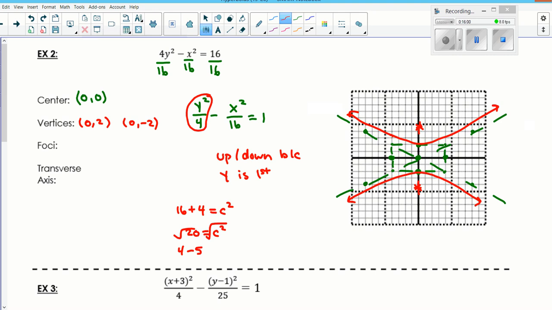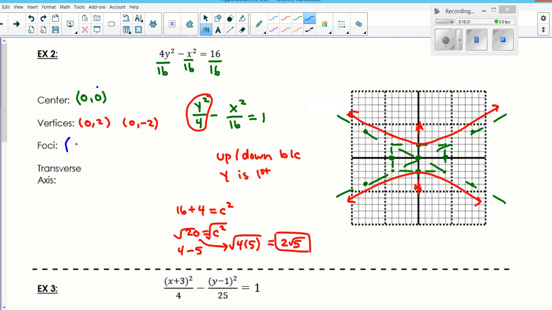Okay, the foci is a little bit harder to write now because it's a decimal and we're doing this without a calculator and we want to be exact. So here's what I'm going to do. I'm going to simplify this radical, which is 4 times 5, so that means it's 2 root 5. Like we talked about yesterday, notice that the foci were moving up and down, so when I go from my center, it's affecting my y value.